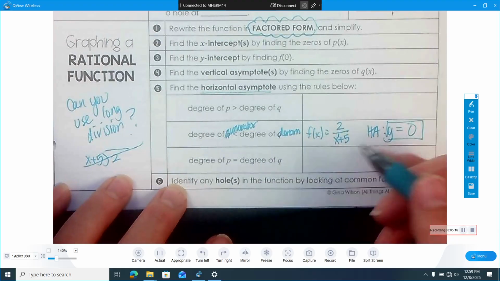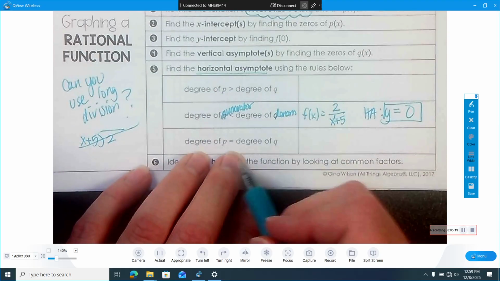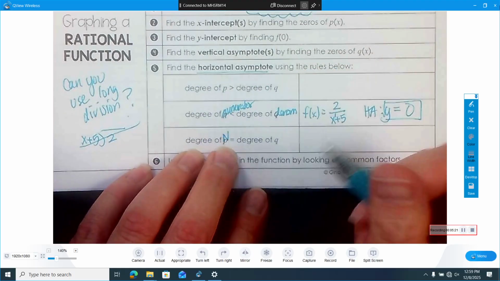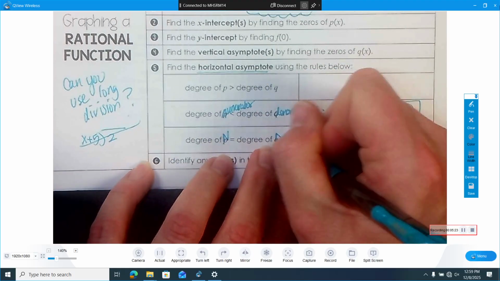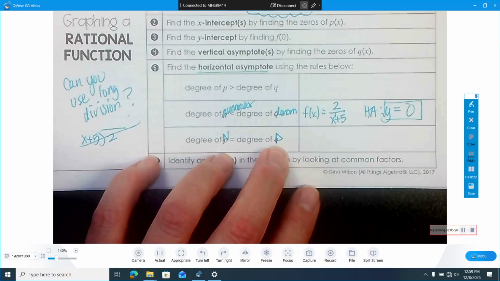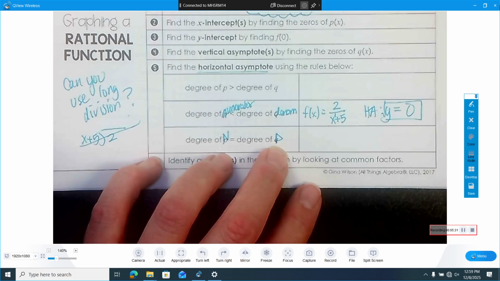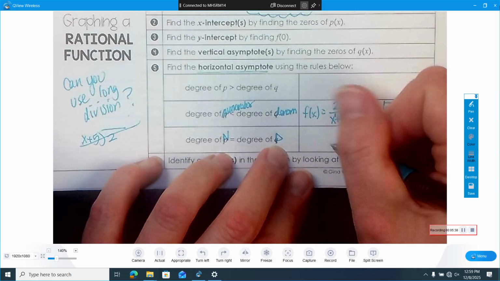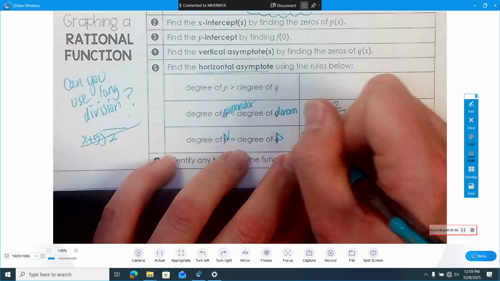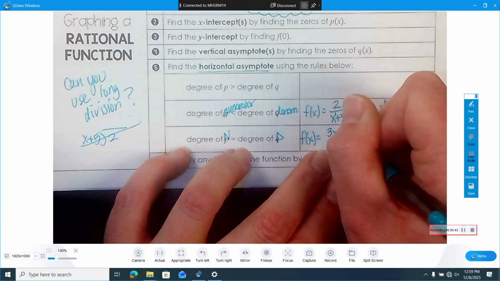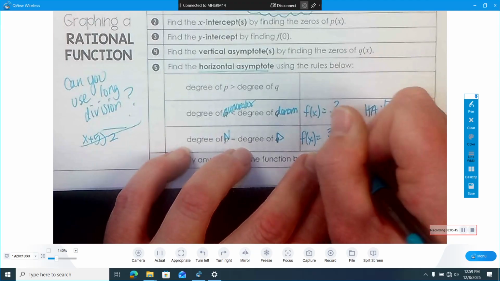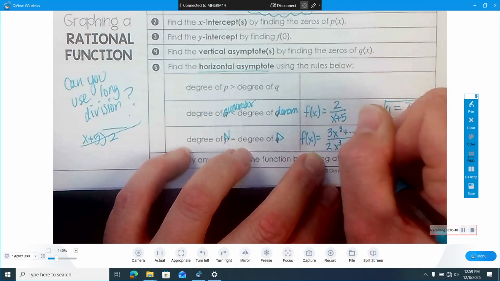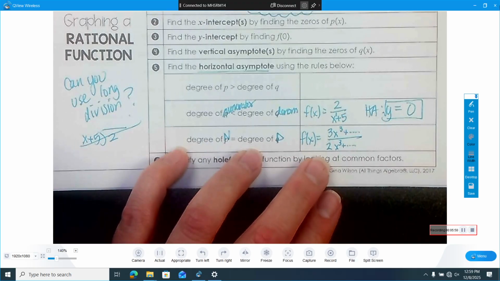All right. If the degree of the numerator is equal to the degree of the denominator, then again, we can use some long division and simplify it, but maybe there's an easier way. It turns out there's an easier way. If they're equal, so for instance, maybe you see something like 3x cubed plus yada, yada, yada, over 2x cubed plus yada, yada, yada.